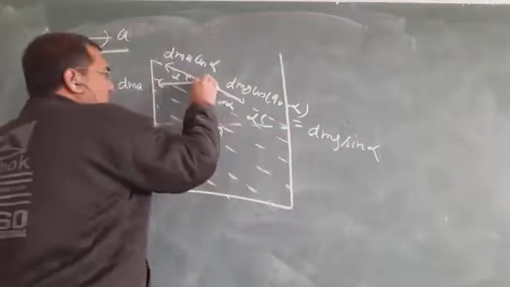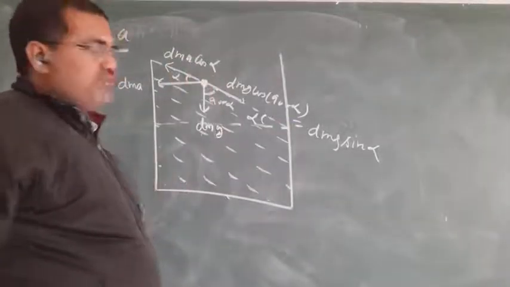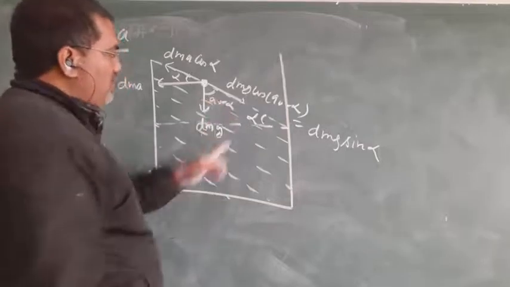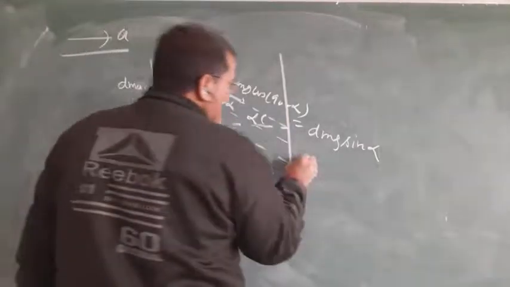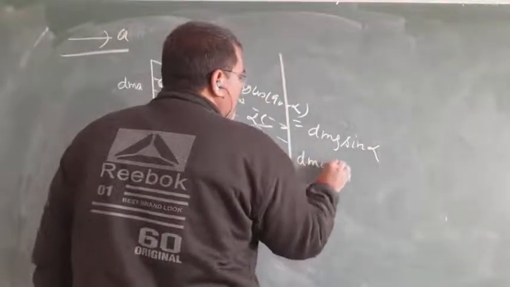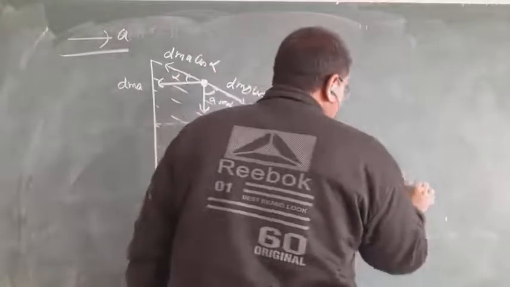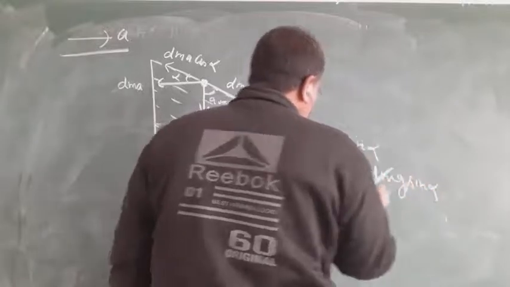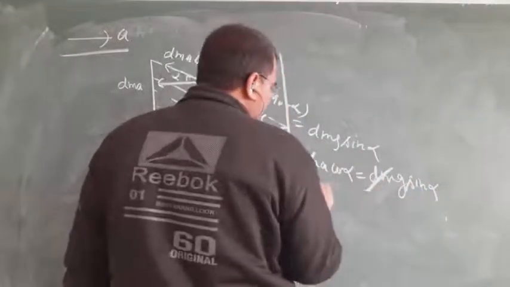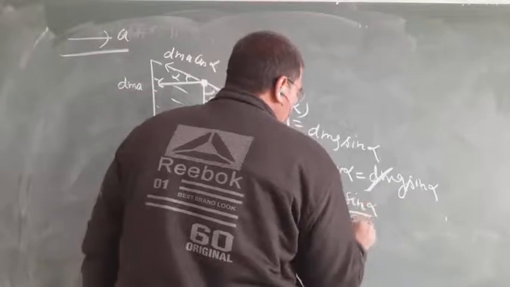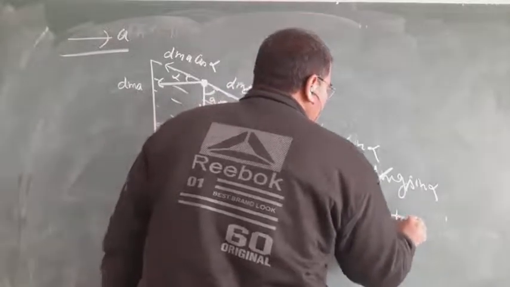Since along the surface the net force on this particle will be 0, we can find alpha. So dm a cos alpha equals dm g sin alpha. dm cancels out. a by g equals sin alpha over cos alpha, that is tan alpha.